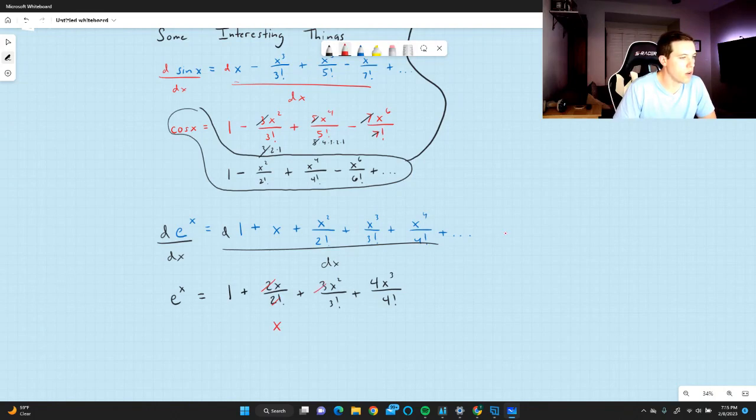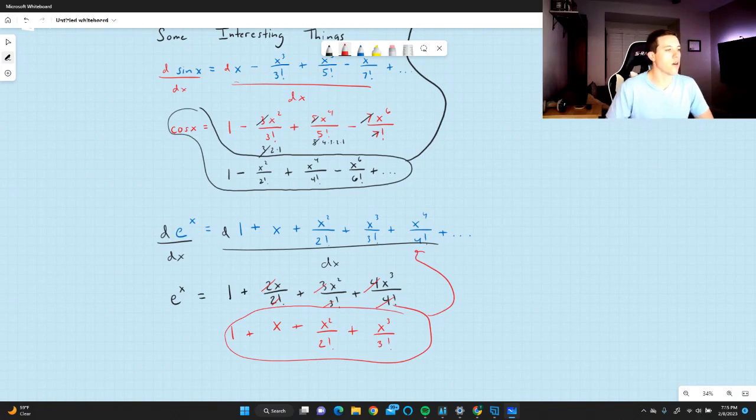We can cancel the 3 and the 3 factorial, and we're left with x squared over 2 factorial. Do the same thing here. Cancel the 4 with the 4. We're left with x cubed over 3 factorial. And what do you notice? Oh my gosh. That is literally the series for e to the x. So again, our language works here too, which is pretty impressive if you really think about it.